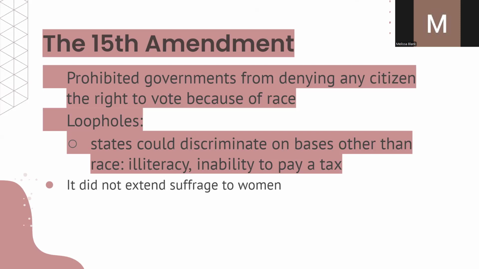Well, if you can't read, I'm sorry, we're not going to let you vote. Or sharecroppers, basically being forced back into a new version of slavery because they're in debt to the former masters. Oh, well, you can't pay your taxes, therefore you're not going to be allowed to vote. So again, the South was trying to get back as much of the control as they had before. They were just doing it through shady and shadier ways.